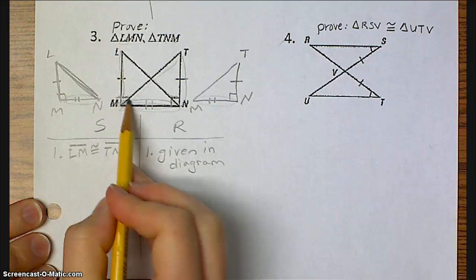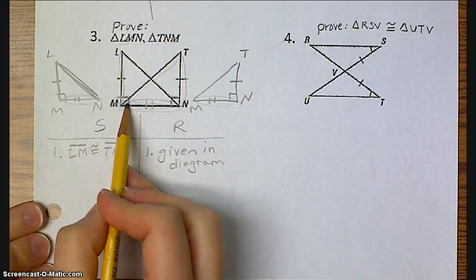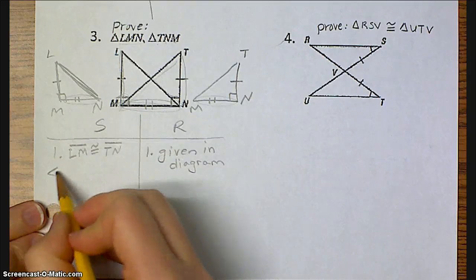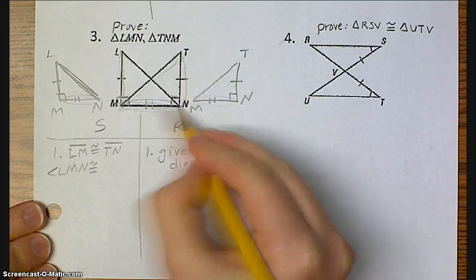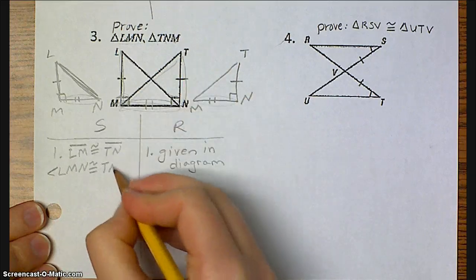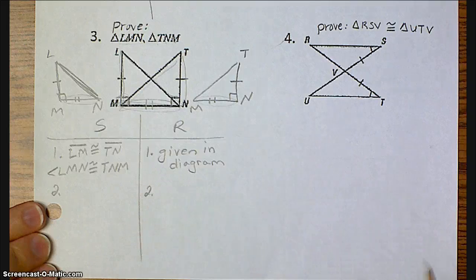And like I said, you don't really want to use M to name this angle since there's more than one angle that connects to M, so I'm going to use 3 letters. TNM. Good.